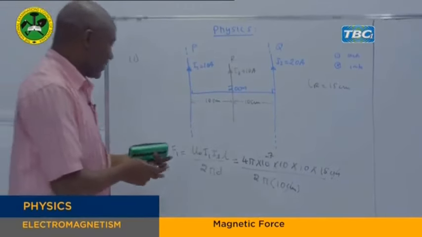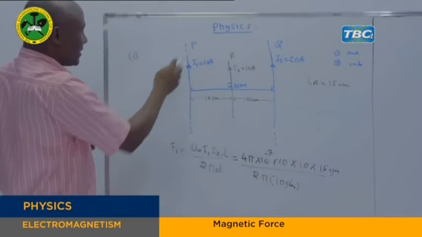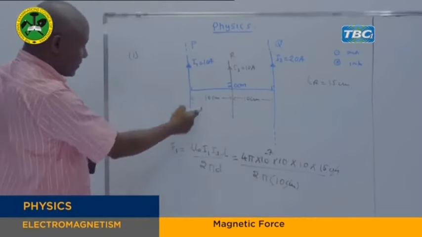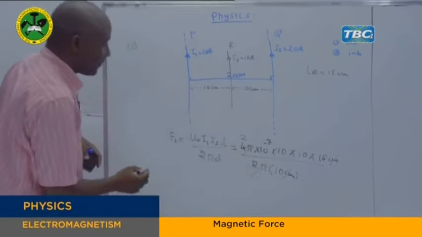And we can now find the force acting on wire R due to P. We call this force F1. The pi cancels and gives us 2.